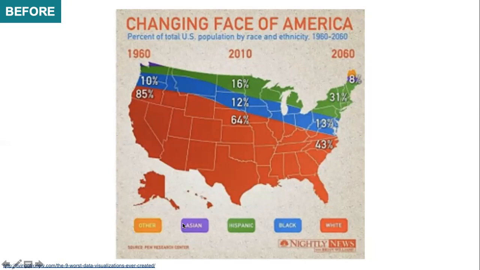And you also have that problem with Asian. It looks like they're only in the very tip of Washington and a tiny subsection of Maine.